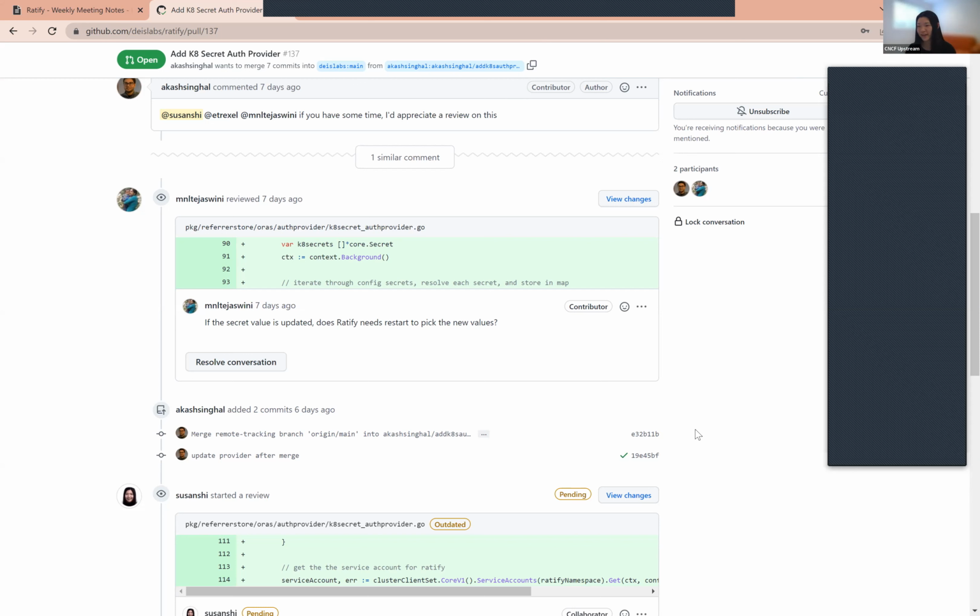Akash, we also talked about, the first question is, given this could be related to the timeout, how expensive is it to recreate and read from the secret every time? Yeah, so I did a little bit of timing because I was also concerned about that. It seems to be pretty fast, and I'm pretty sure it's because you're just making a call to the control plane.